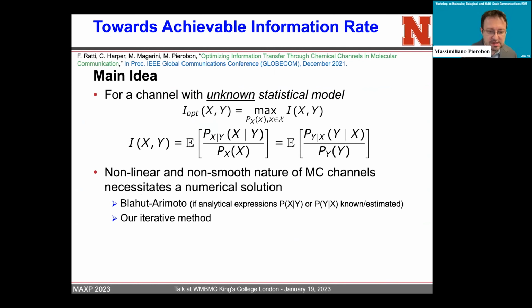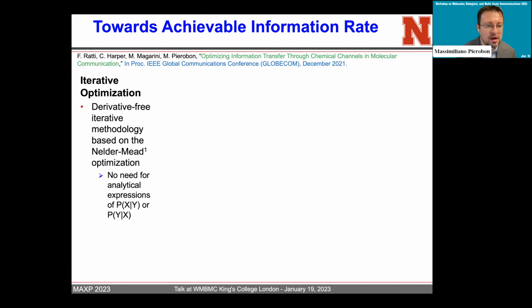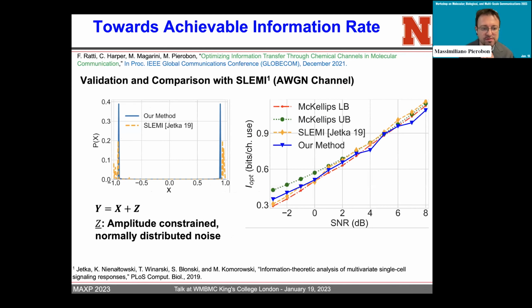Or we propose actually another method that is iterative and is based on the Nelder-Mead optimization. We compared and validated our results with another method from the literature that is called SLEMI, which is based on the Blahut-Arimoto. So what we did is, with our methodology, we used the Nelder-Mead optimization to iteratively compute the achievable information rate with no need for analytical expression of the distributions that are involved.